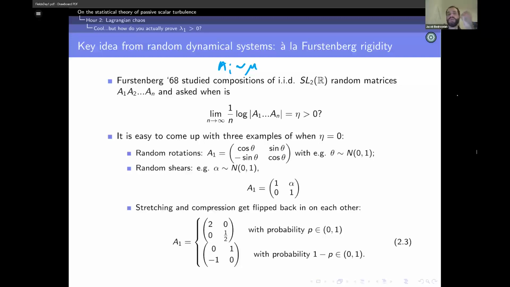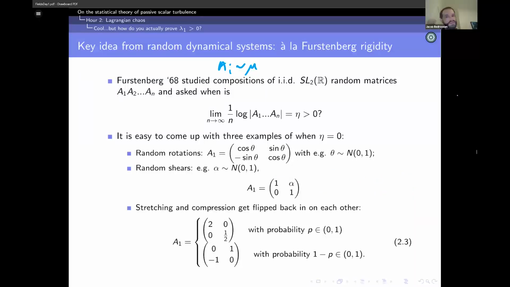The next example, which is maybe the next easiest to come up with, is a shear flow, where A is just shearing vectors back and forth. But assuming that this random alpha satisfies the basic properties, that it doesn't have a huge tail, this also can only grow linearly or maybe even square root n.